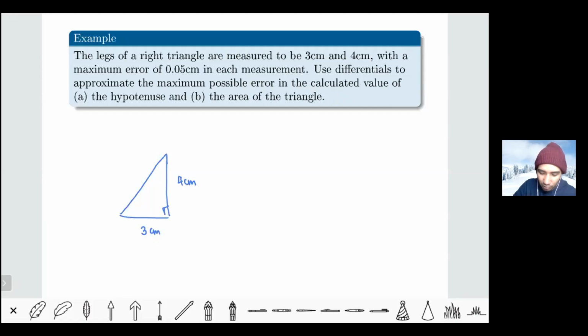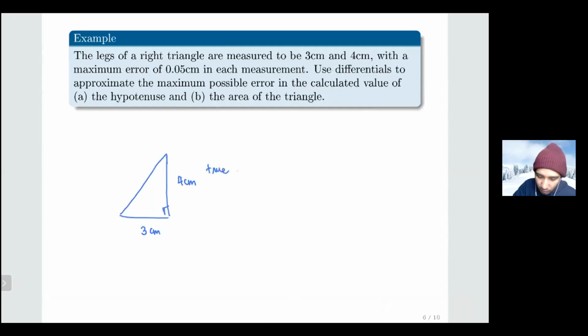So, alam natin na yung totoong value, halimbawa sa side na to, ay between 3.95 and 4.05 centimeters. Hindi mo masigurado dahil hindi fine enough yung ruler mo. Pero alam mo na dapat yung true value is between 3.95 and 4.05. That's the maximum error in your measurement.